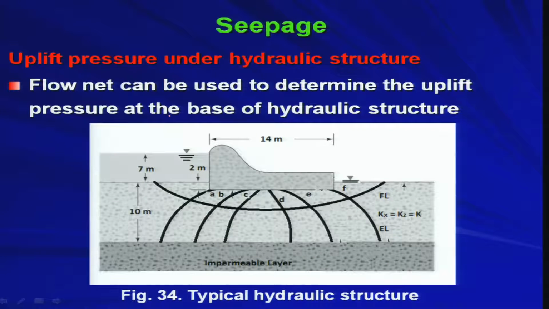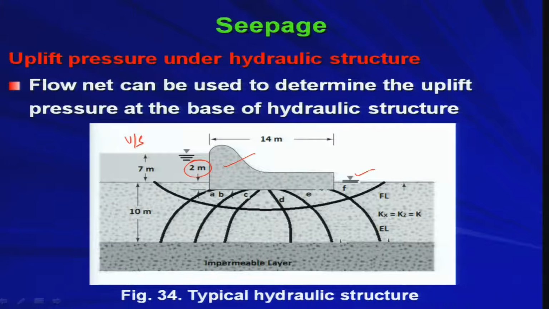So, suppose this is the problem. You have some kind of small concrete barrier which is holding the water on the upstream side. This is your upstream side. The depth of the water at the upstream side is say 7 meters, and this concrete block is embedded 2 meters in the ground, and on the downstream side this is the water level.